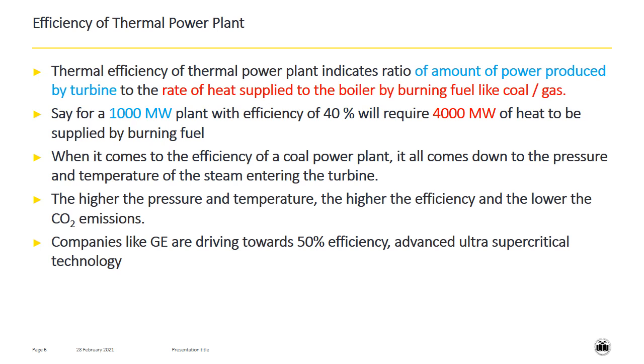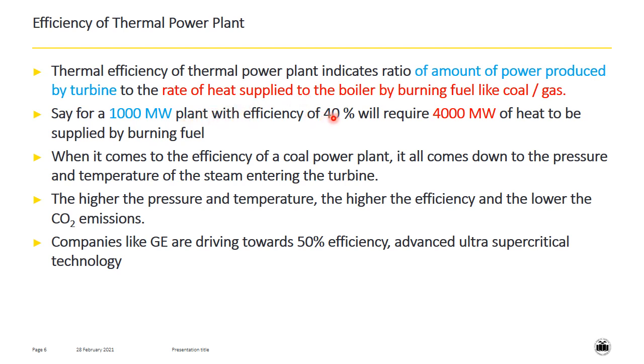Let us discuss the efficiency of a thermal power plant. Thermal efficiency of a thermal power plant is the ratio of the amount of power produced by the steam turbine to the rate of heat supplied to the boiler by burning fuel like coal or gas.